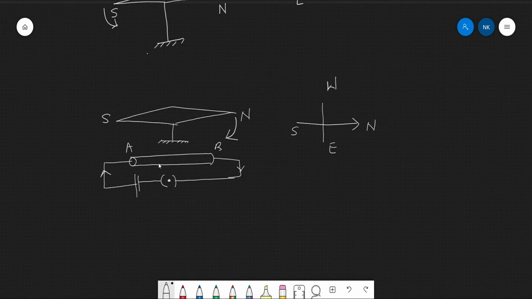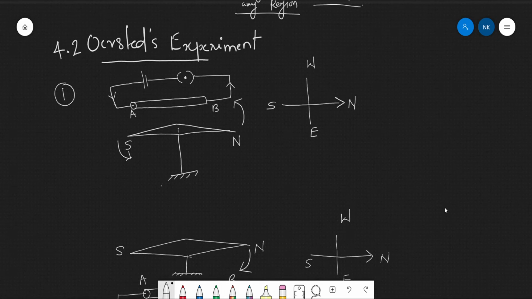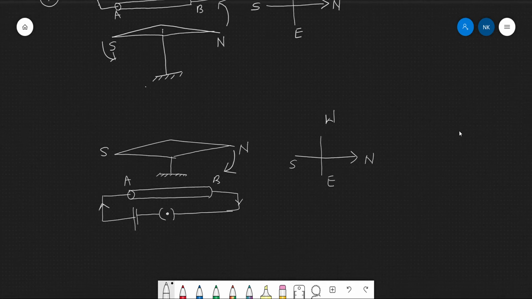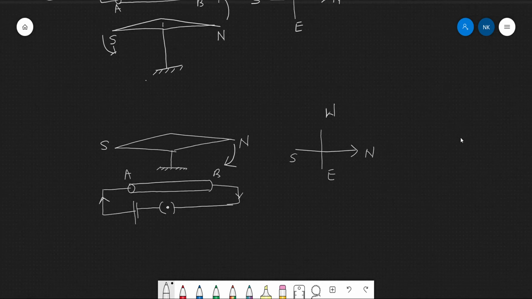The position has been changed and the current direction remains the same. It's flowing from A to B, that means towards the right, here also towards the right. The difference is just because of the position of the battery in the two figures.